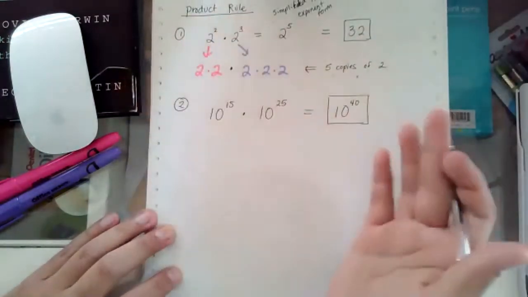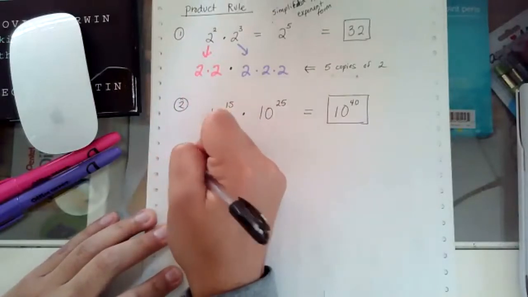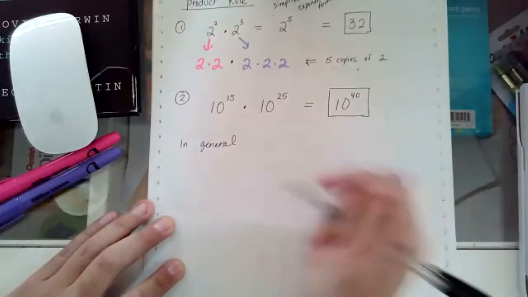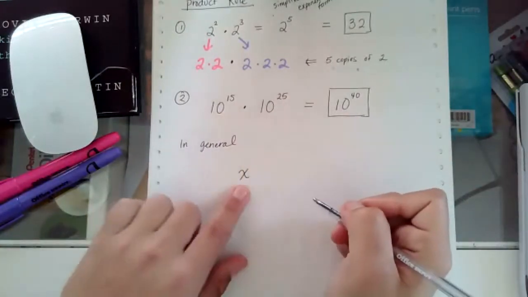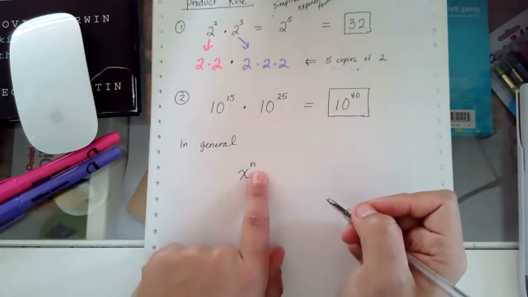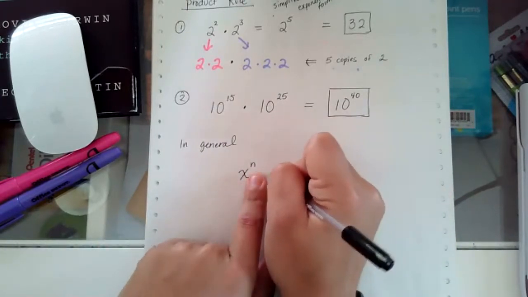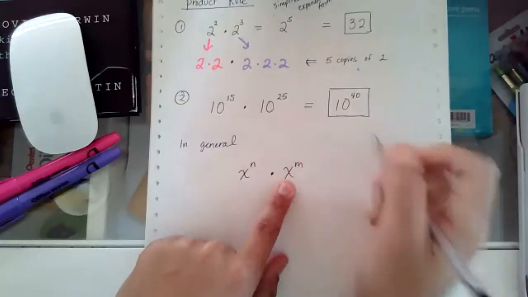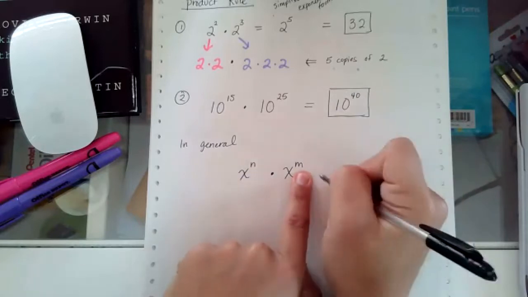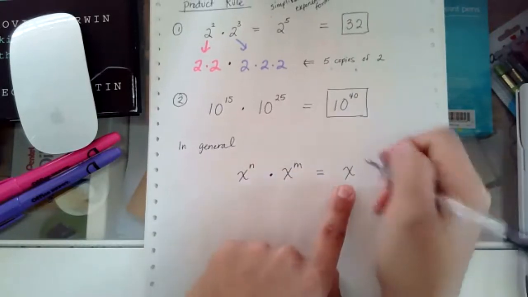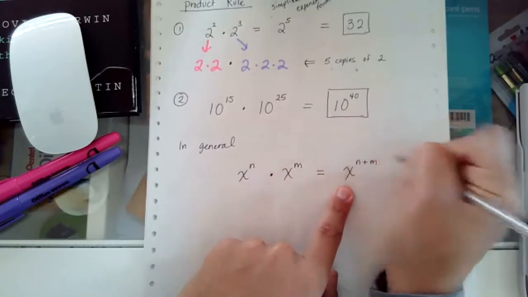The point is this product rule tells us in general that if I have some number raised to some power, so this is x to the nth power, and I'm multiplying it by the same base raised to a different power, so this is m, that what I do with those powers is I write the single base and then I add those powers.